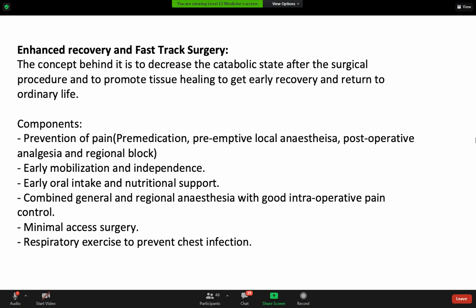And nutritional support. If the patient in the ICU cannot eat, it's better to start the patient immediately on nutritional support with NG feeding or other sorts of feeding tube. Combined general and regional anesthesia is very important to control the pain. Also minimal access surgery, and respiratory exercise is very important to prevent chest infection.